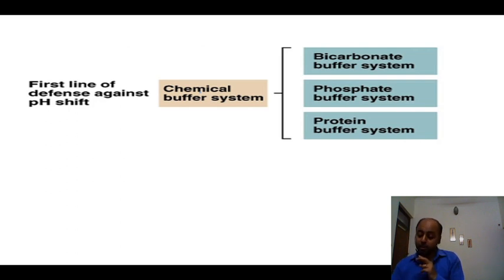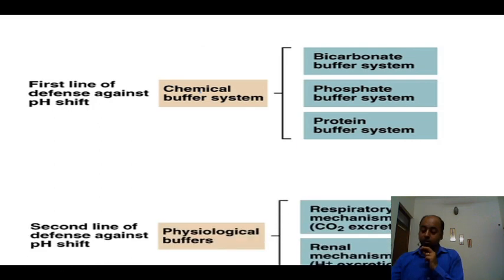The important buffering systems are the bicarbonate buffer system, by far the most important, the phosphate buffer system, and the protein buffer system. These are the three very important buffering systems in the blood. There are some other buffering systems, which we'll see one by one, that are not important in the blood but can be seen in other compartments.